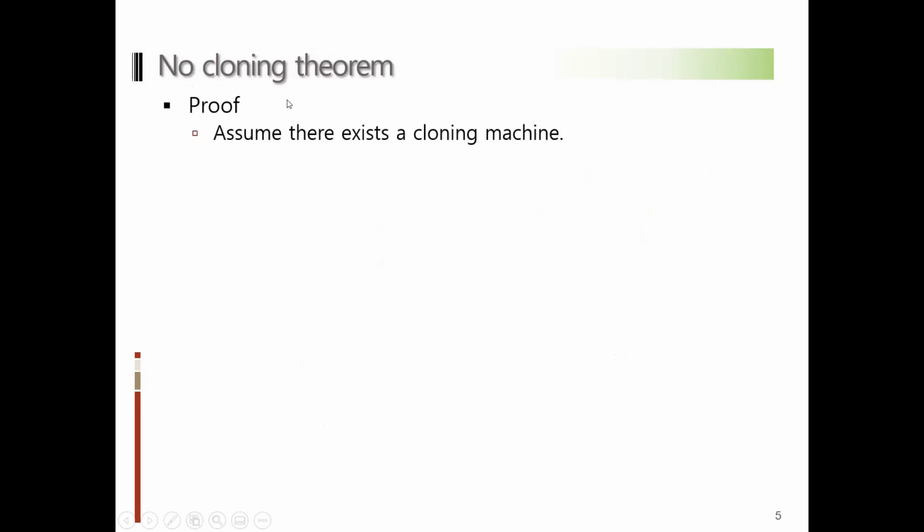We will use proof by contradiction. Let's assume that there exists a cloning machine. Assume for the time being that cloning or copying is possible.